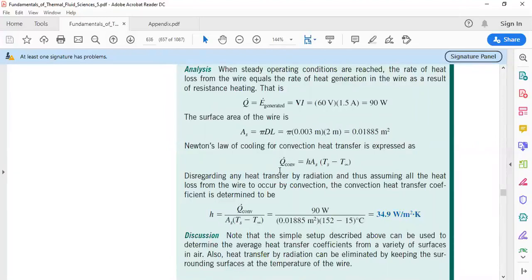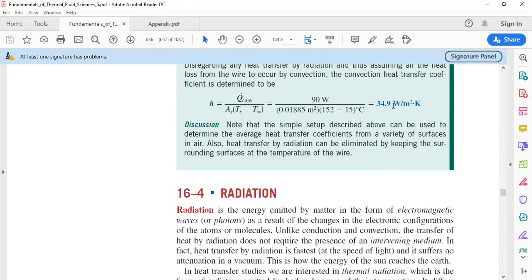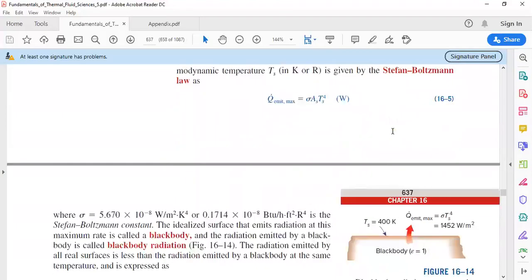According to Newton's law of cooling, the Q dot, which is the same as the one here according to the energy balance at steady state conditions, is h times A_s times (T_s minus T infinity). This Q dot convection is equal to the 90 watts. Rearrange the equation and solve for the convection heat transfer coefficient. It's found to be 34.9 watts per meter squared Kelvin.